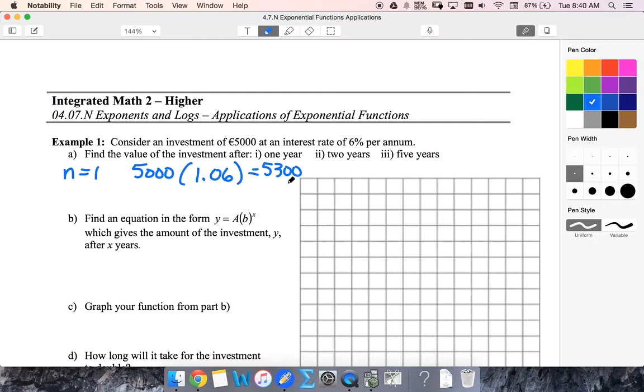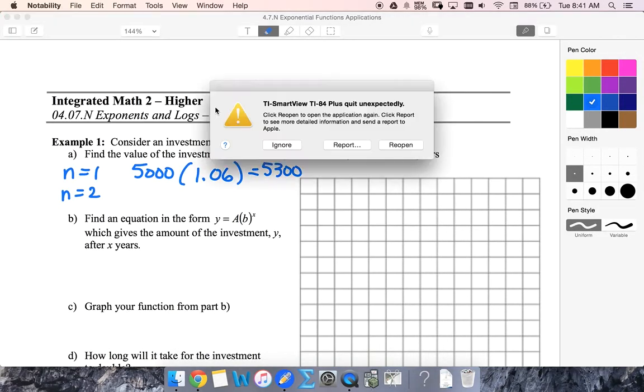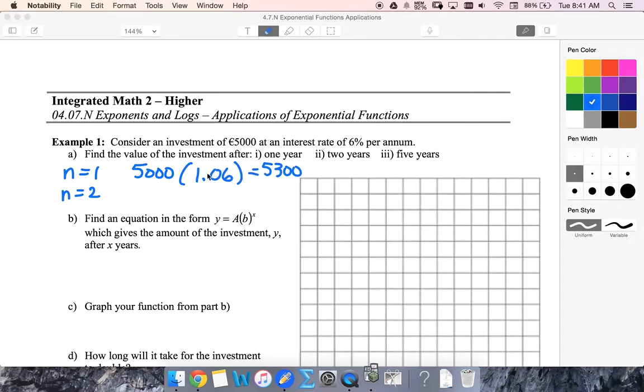After the second year, I'm going to take this amount of money, and I get 6% on top of this. So I'm multiplying this by 1.06. Really what I've done is 5,000 times 1.06 squared.